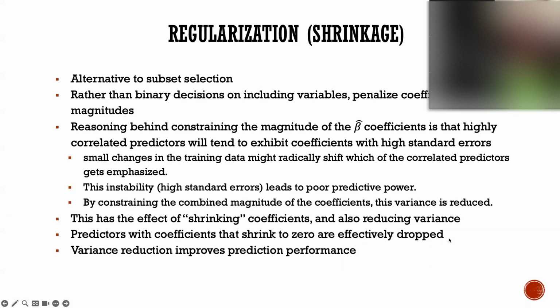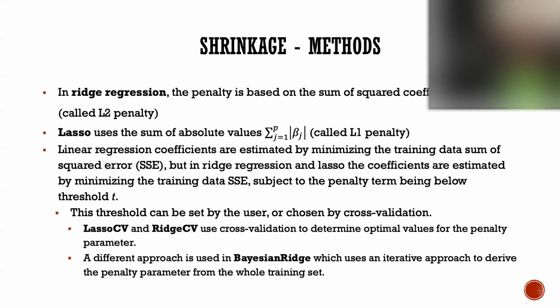So the way it typically works is that there are a few techniques that we can use. One is ridge regression, the other is Lasso. These are the two more commonly used regularization approaches for regression. And then there are other closely related techniques for this shrinkage.